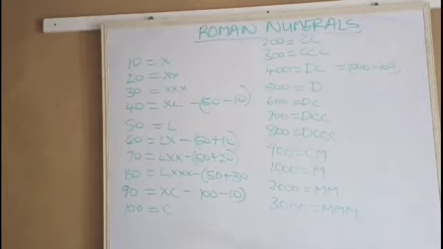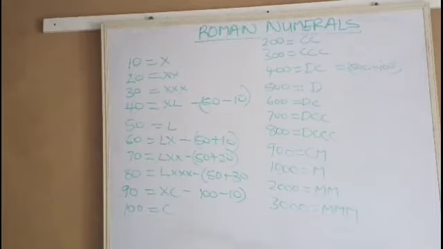We have seen X, XX, XXX. So if you are doing 31, it's still the same thing, XXXI. 32 is XXXII. You are just adding it to 1. For 32 you add 30 to 2, for 33 you add 30 to 3. The same thing goes for the other ones, 40, 50, 60, 70, 80, like that.